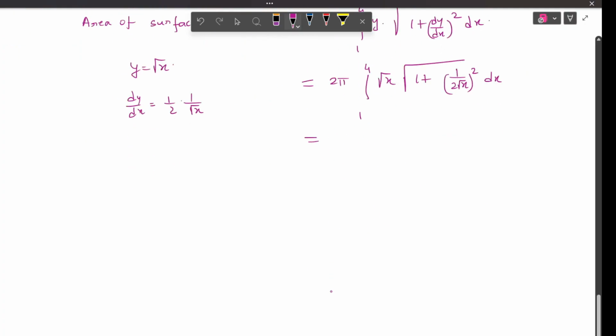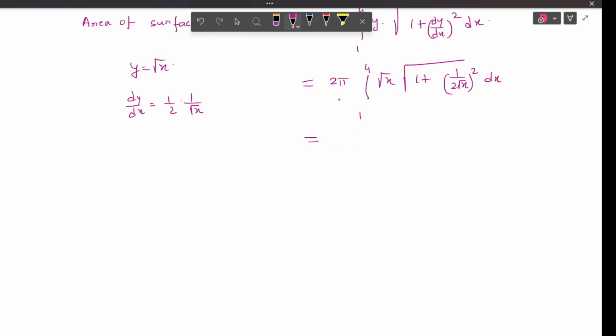So if we take LCM, it will be 4x plus 1 by 4. If you take 4 common, it will be 1 by 2.